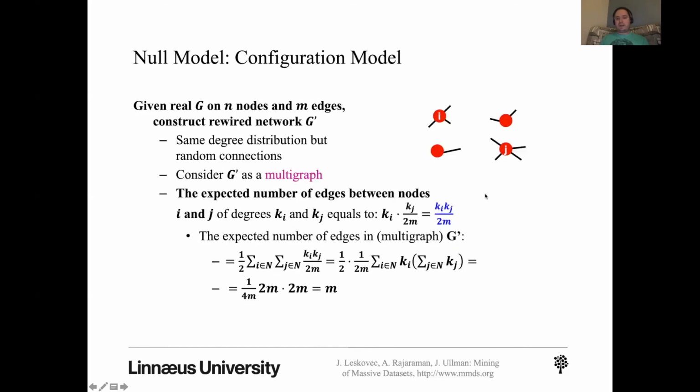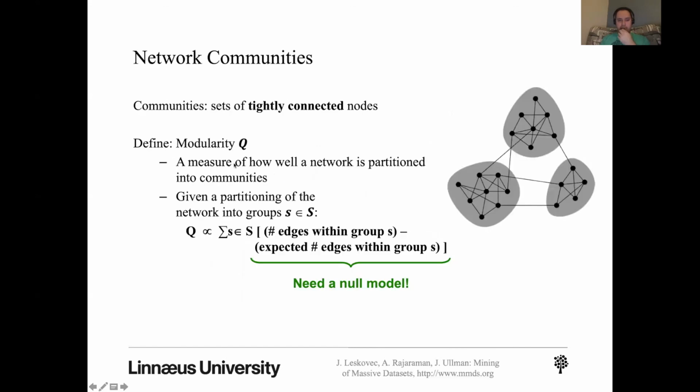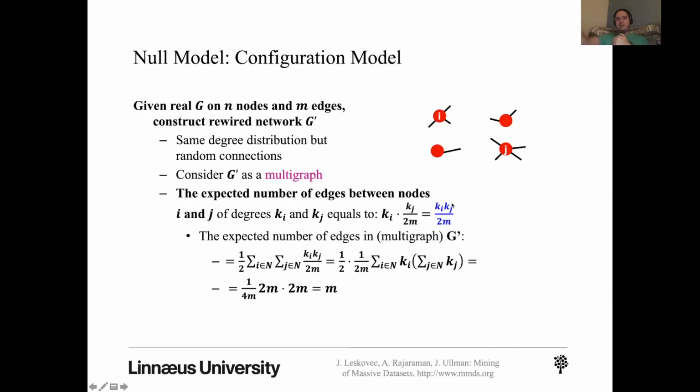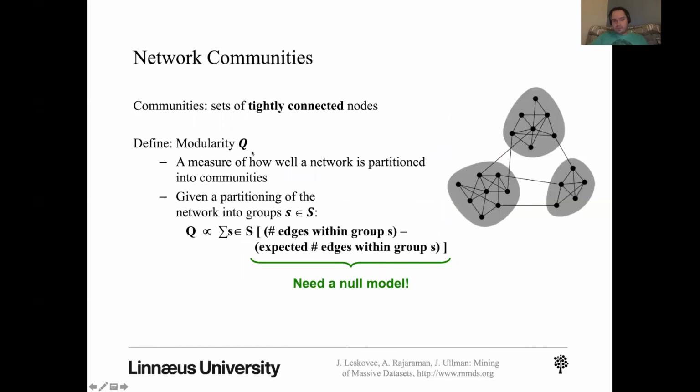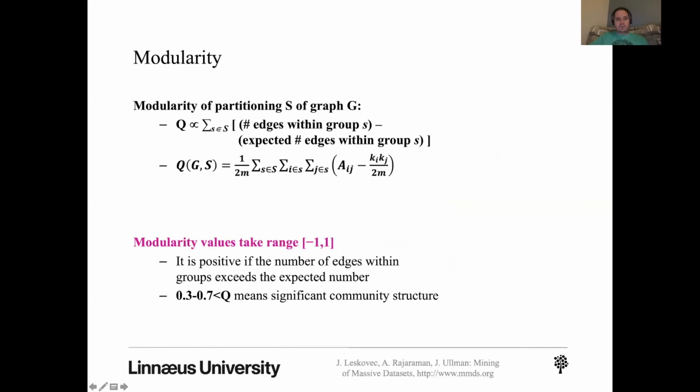And then you compare that with the actual number of edges, and you say, okay, the farther away I am from that hypothetical baseline, the better. And that's what modularity, Q, basically means. It's a way that you can use to compute how good your partitioning is, right?